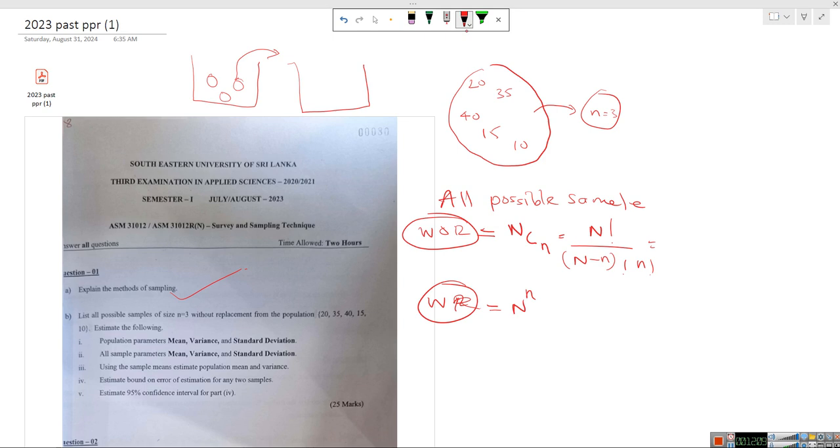We are not replacing it, right? And if you put it again and take the next one, then it is called with replacement technique. This is the difference between with replacement and without replacement techniques. Now what we will do is like this one, okay?